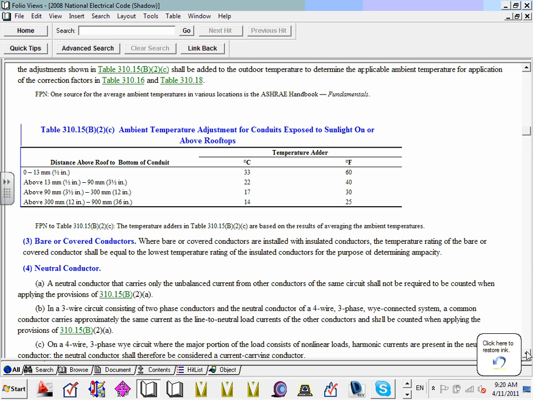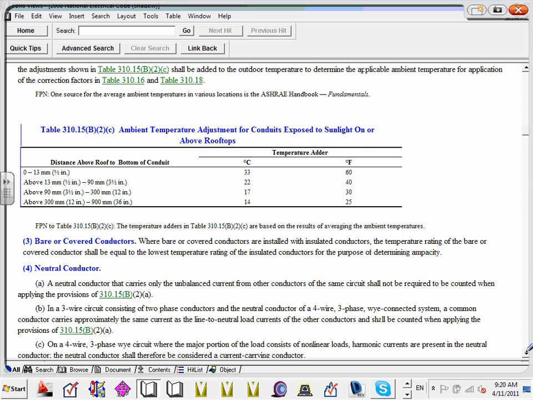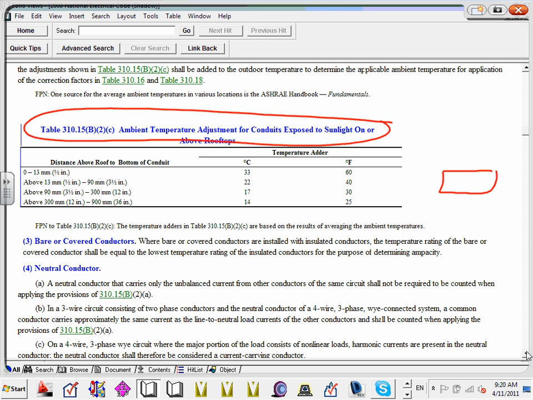The temperature adder came in 2008. This one, guys, came in 2008. If you are putting conduits on the top of the roof of a building, you have to add a temperature adder. For example, if I have a conduit sitting right here on a commercial roof, and that stand here is, let's say, 12 inches.